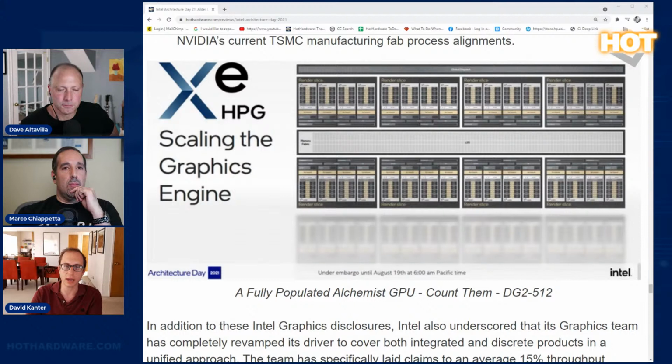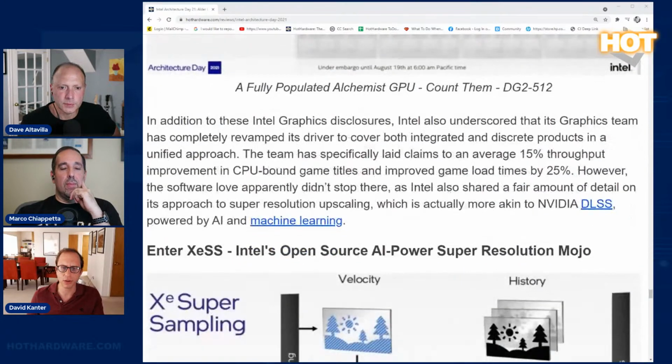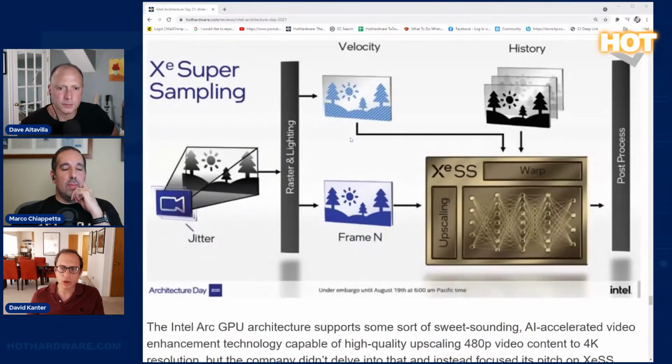Right. Yeah. I happen to be quite fond of it, I have a bit of a background in ML, and it's nice to see that being used in a productive way, and it looks generally on par with NVIDIA's second gen DLSS. Yeah. Which is nice.